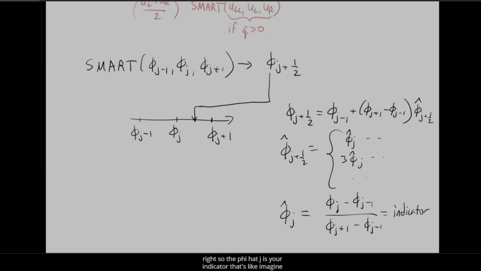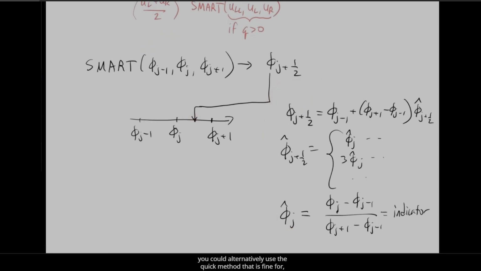So the phi hat j is your indicator, like the R from our Sweby interpretation of TVD limiters. You look at your data, compute your phi hat j, apply the formula right here, and that gives you your phi hat j plus 1/2. Then you use that in the definition of the limiter to get your phi j plus 1/2. All of this is done to get the interpolation of this value of the state.